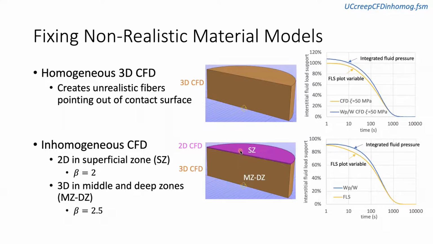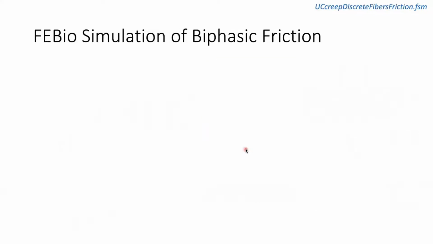So you can still exceed the 100% theoretical maximum because of the choice of a continuous fiber distribution so close to the contact interface. So you can diminish that by increasing the toe region so that the fibers in the middle and deep zone engage a little bit later than the fibers in the superficial zone. Then the fluid load support will remain below 100%.